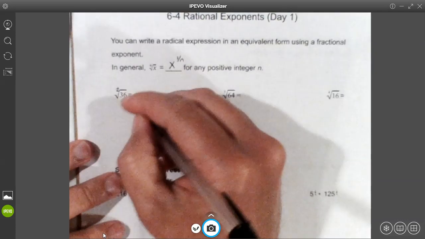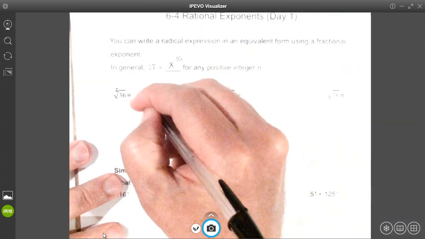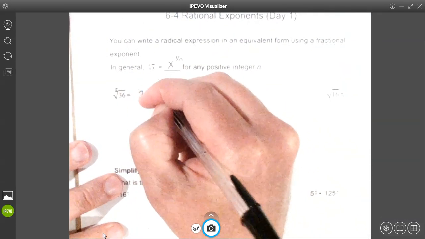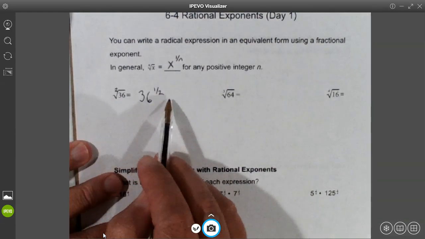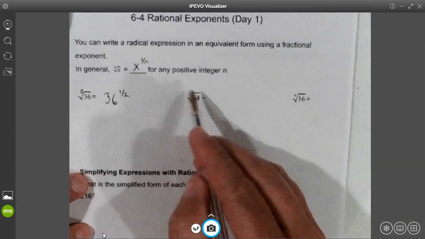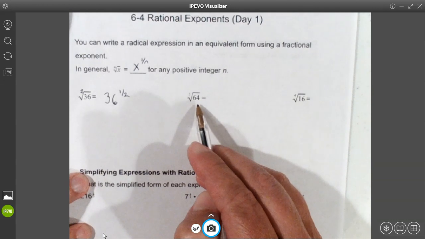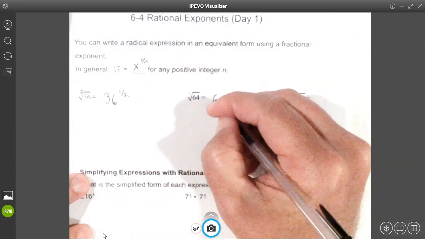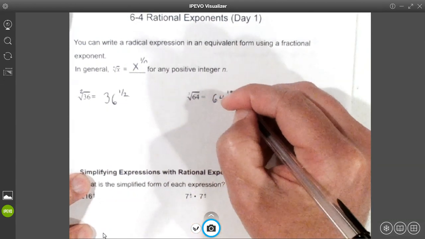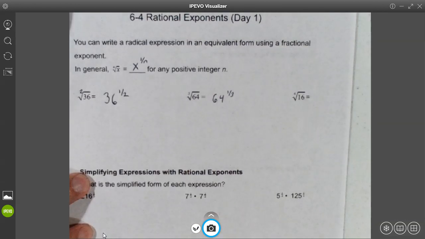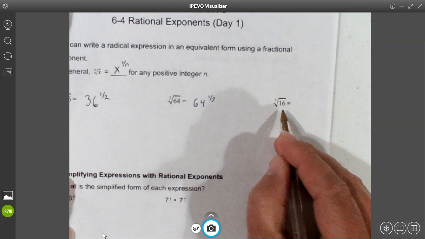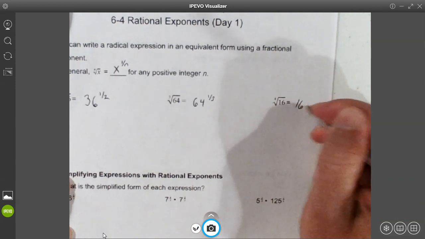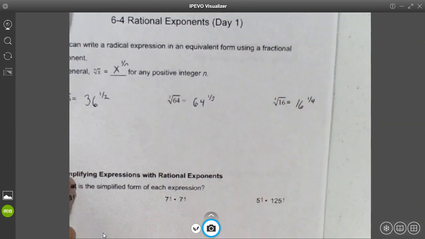So I can rewrite the square root of 36 as 36 to the 1/2 power. The cube root of 64 is 64 to the 1/3 power. And the fourth root of 16, you guessed it, that is 16 to the 1/4 power.